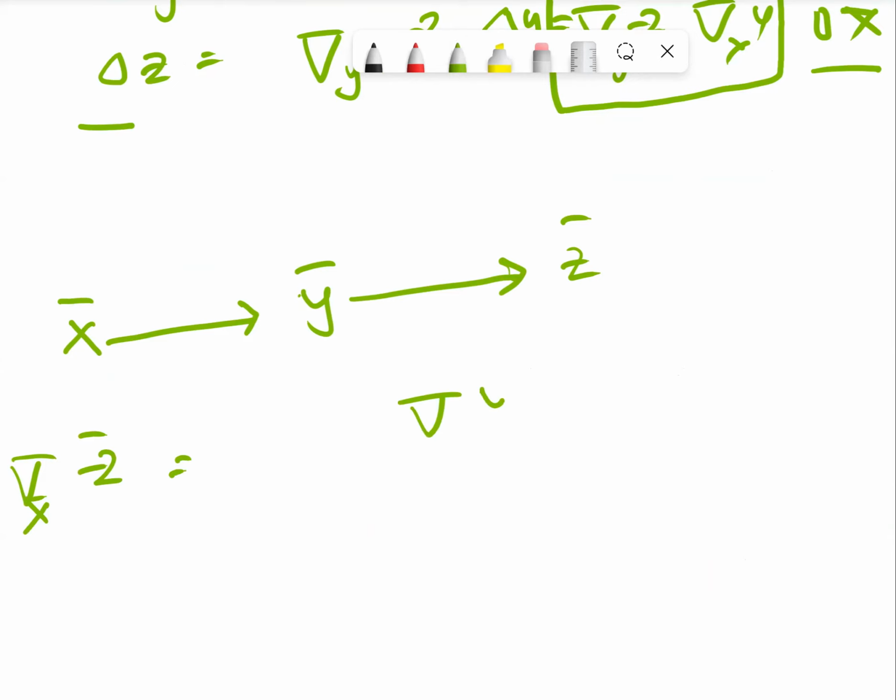The derivative of y with respect to x times the derivative of z with respect to y. So what are these? This is going to be a matrix and this is going to be a matrix. Each of these is going to be a matrix, correct?